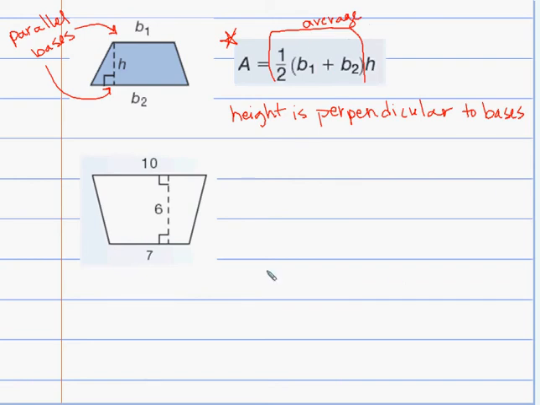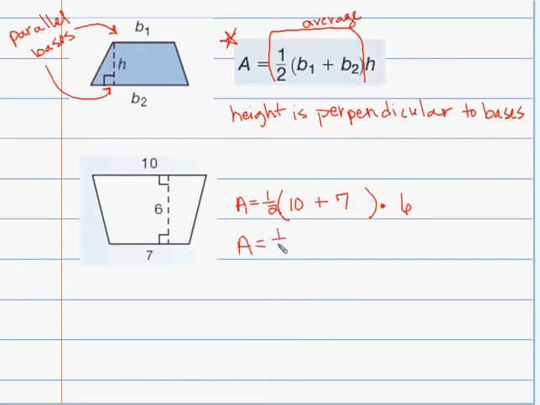Okay, so let's do an example. Area equals 1/2. We're going to add the bases up and then multiply by the height. So we're looking for the two parallel bases. We have 10 plus 7 times our height that is perpendicular to our bases, and now we simplify.